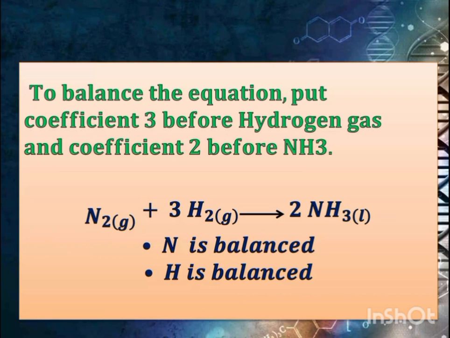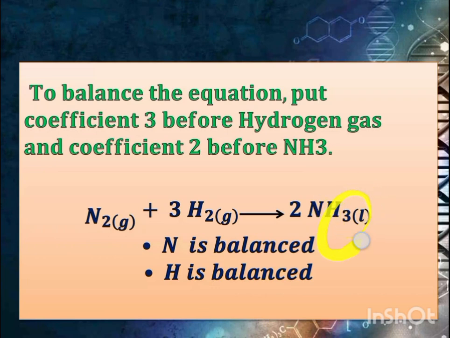Now I'm going to explain this again in another way. Here I have 2 nitrogen atoms and here I have 1 nitrogen atom, so I multiplied 2 with this nitrogen. Now I have 2 nitrogen atoms here and 2 nitrogen atoms here. But while doing this, I have also changed the number of hydrogen atoms.